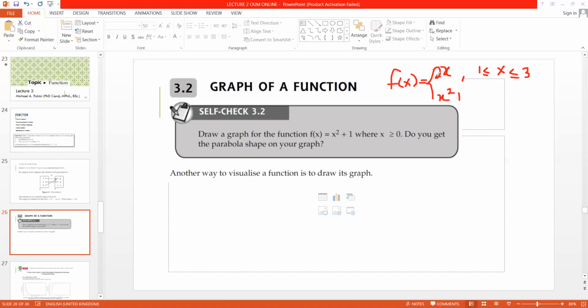So x squared, okay, where x is greater than 3. Let's put it that way.